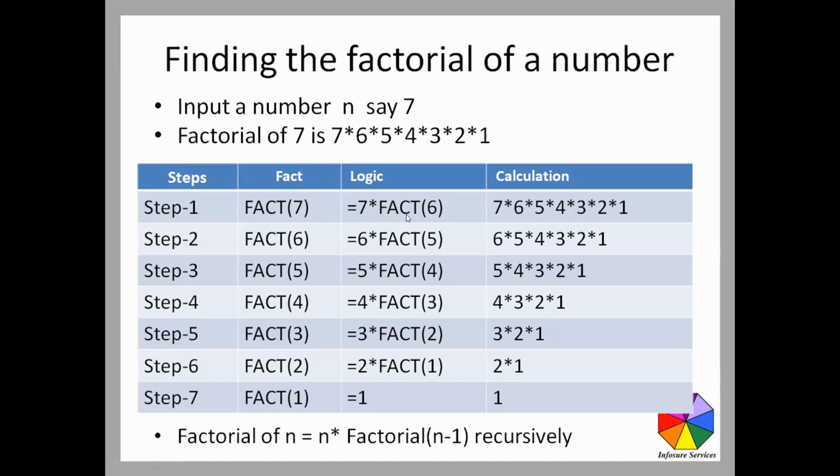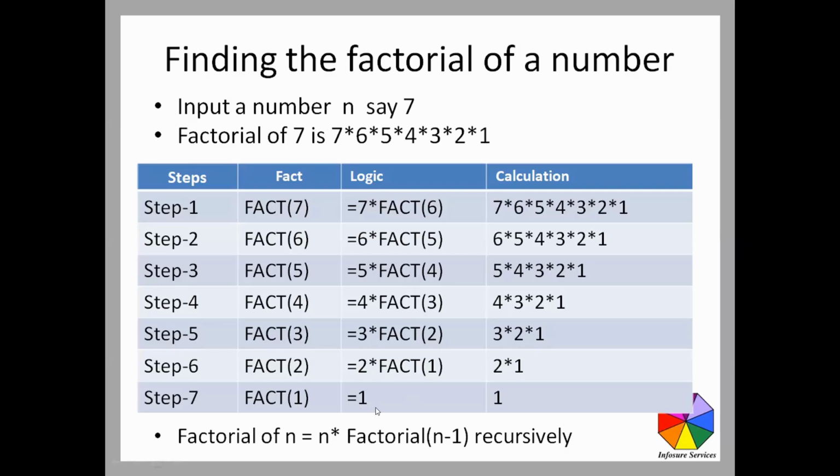I repeat, if the later part is memoized instead of making recursive calls, let's say factorial of 1, factorial of 0, those are all not recursive calls. So the program will run faster, right?